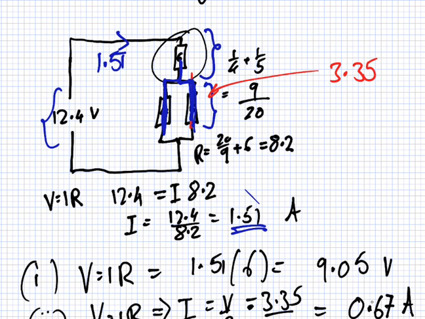1.51 minus 0.67. What's that? Come on, children, please. 1.51 minus 0.67. 1.24, isn't it? No, that's wrong. That's totally wrong. No, I can do this. Hold on.